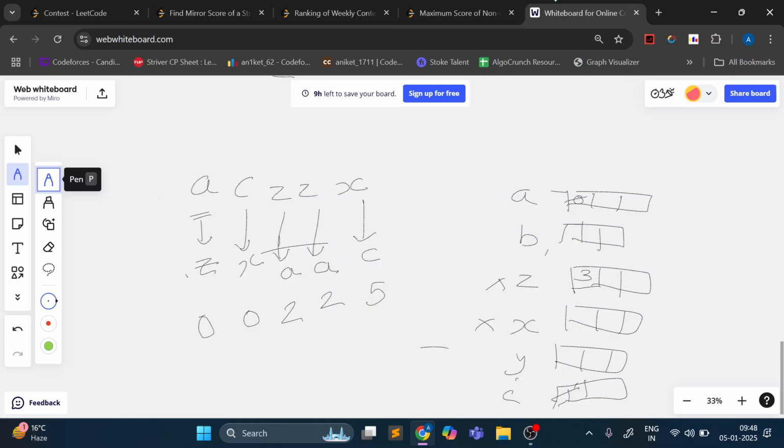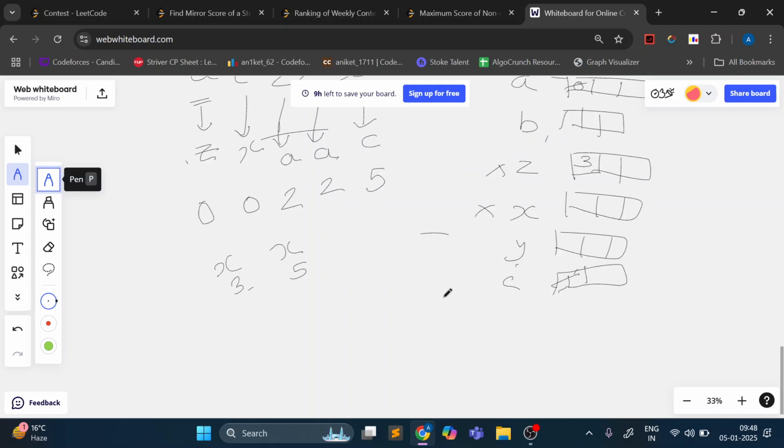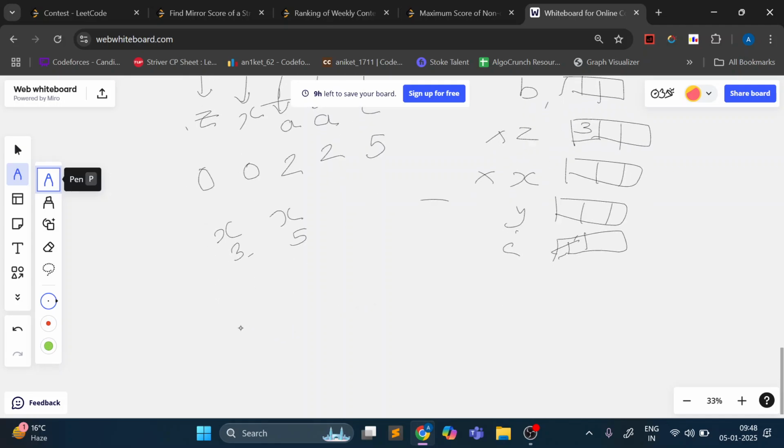Now why am I using a stack? Because let's say there were two elements at index 3 and 5. While pushing these, when I move to the 7th index, my stack should look like this: 5, 3. I basically need to find the closest element, so the closest from 7 is 5.